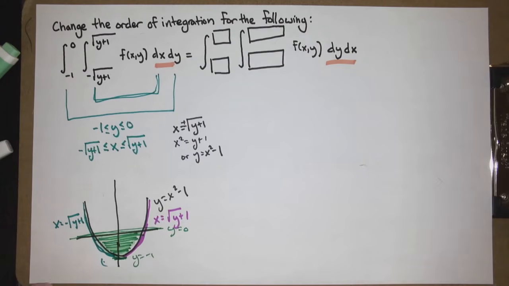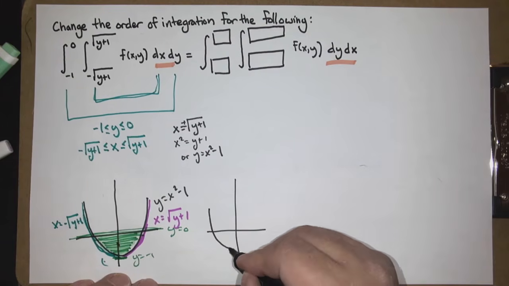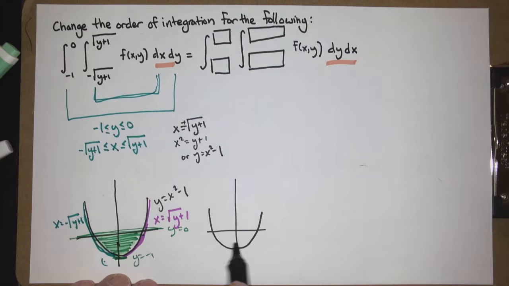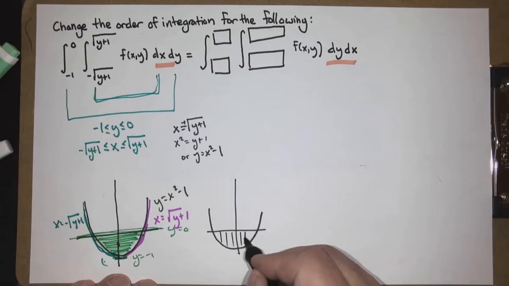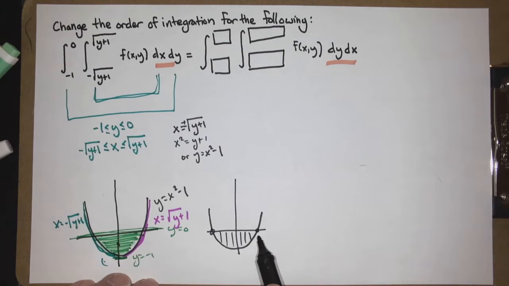Now, let's clean up our picture. What goes on? Well, instead of slicing our horizontal slices, we're going to slice vertically. So, what information do we need? Well, where do we hit on the x-axis?